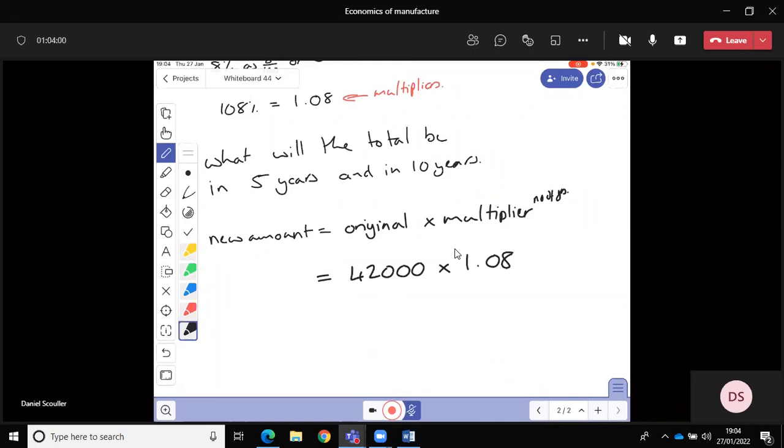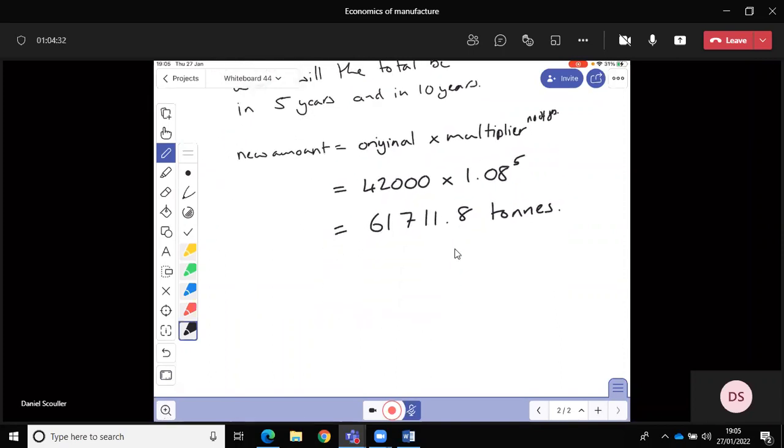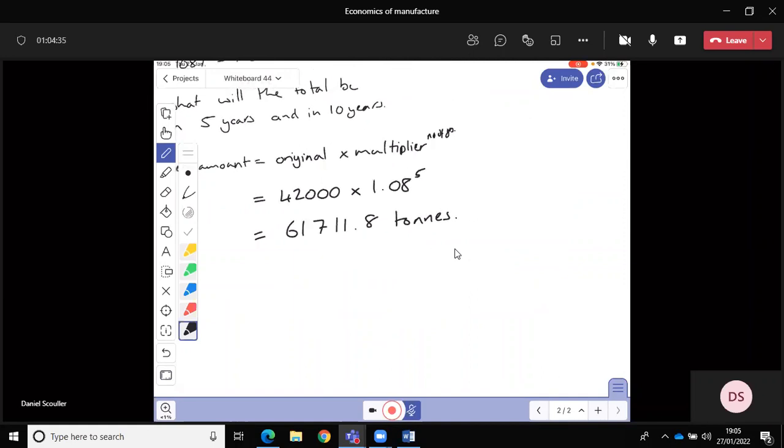The first value we want to find is after 5 years. So 42,000 multiplied by 1.08 to the power of 5, and I'm getting 61,711.8 tonnes. So that's after 5 years.